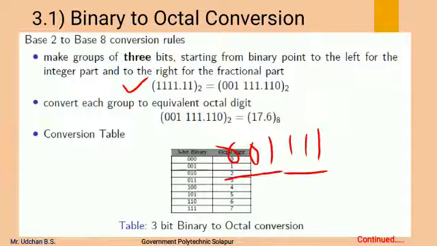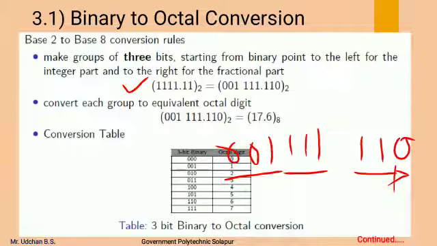Okay. For the fractional part, the fractional number is 11. We have to make a group of 3 bits starting from the binary point towards the right, that is in this direction. As in the given example itself, the fractional number is of 2 bits, we are going to add a 0 in the LSB position.